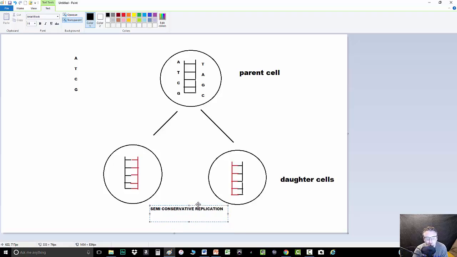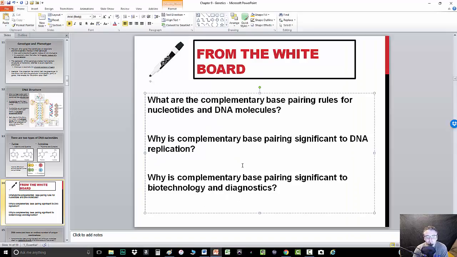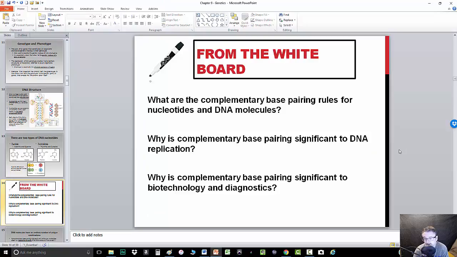The idea is part of the DNA is conserved from the parent cell, part of it is newly synthesized. Interestingly, what that implies is that as a parent organism, you physically pass down your own DNA molecules to your offspring. So if damage occurs to the DNA, that can physically be passed down to the next generation. So anyway, in a nutshell, that's why complementary base pairing is significant to DNA replication.